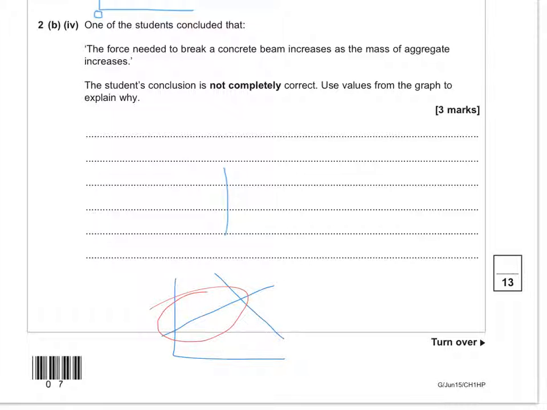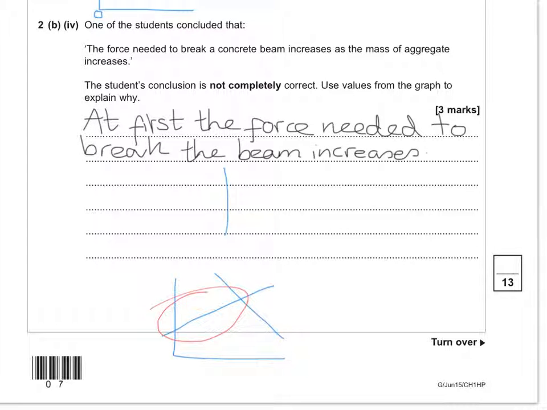So what you will need to say is, at first, the force needed to break the beam increases. That's 1 mark. The second bit is for saying what happens on the second part of the graph. So what you've got to say then is the force then starts to decrease as more aggregate is added.